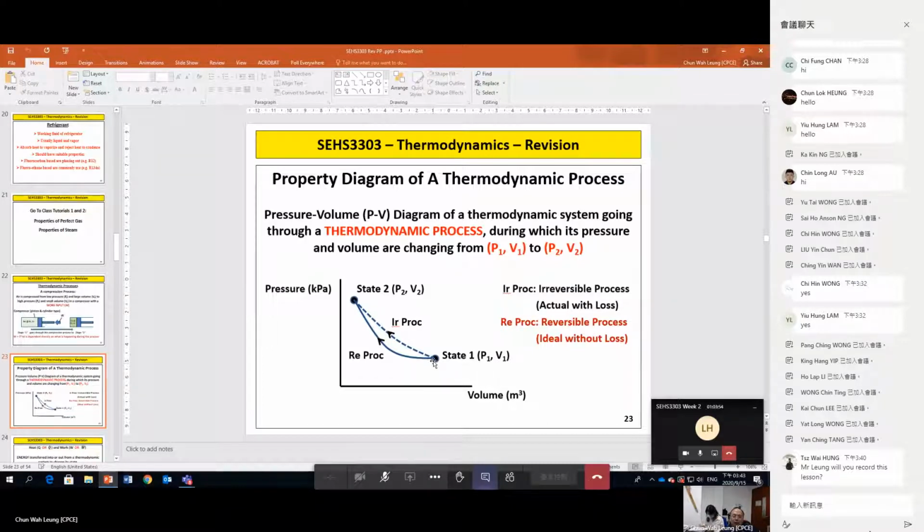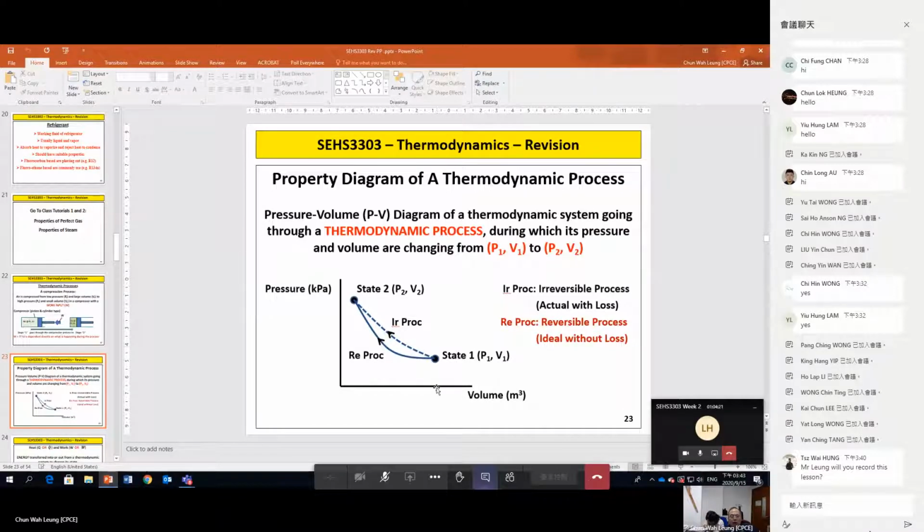So from point 1 to point 2, if following this solid line, then it's very clear that you can see how the pressure is changing, how the volume is changing. But why can I represent the process by two kinds of lines? One is a solid line and one is a dotted line.